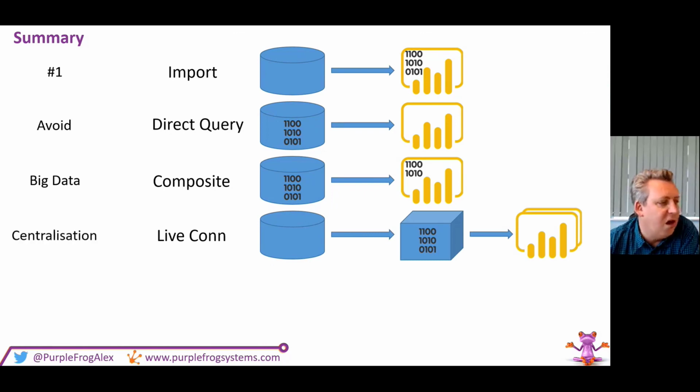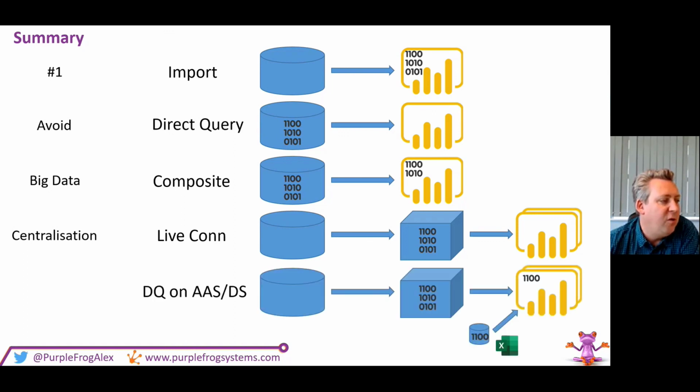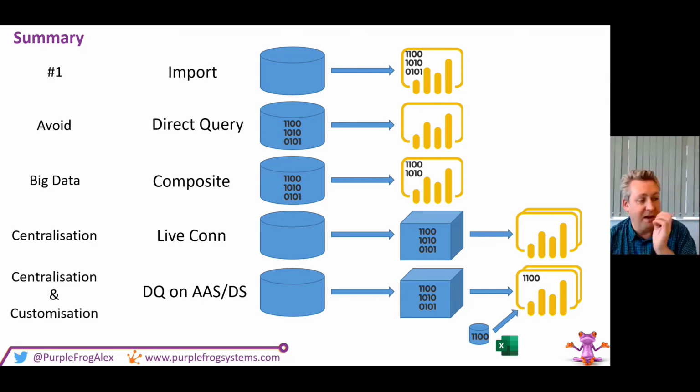Live connections are the best way of standardizing multiple reports over your centralized, governed Power BI data sets and cubes. And then you've got our new DQ, AASA, PBI, DS, which adds that centralization with the newfound customization and enhancements, but used with caution because it's in preview.